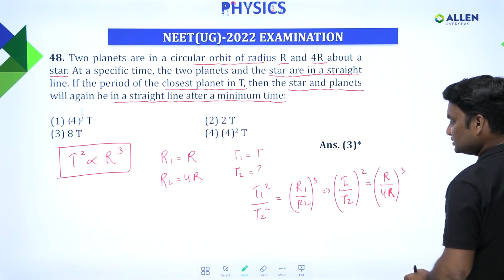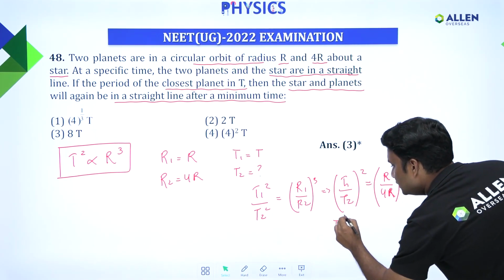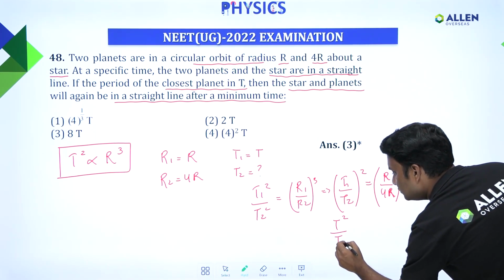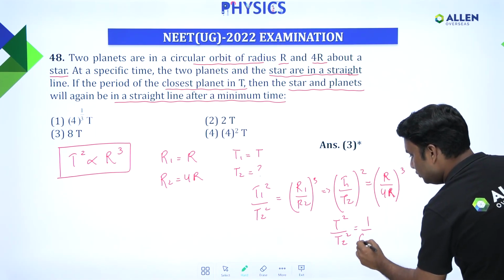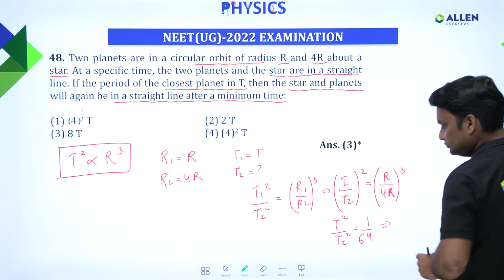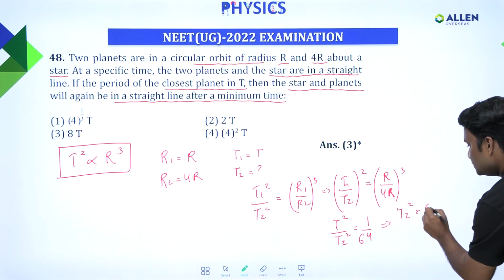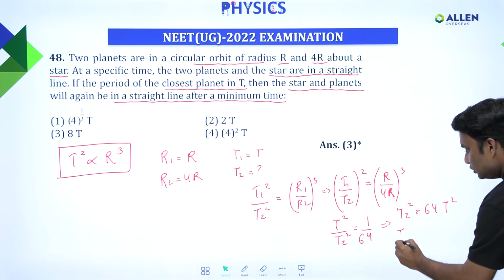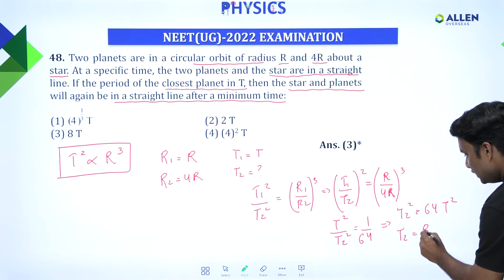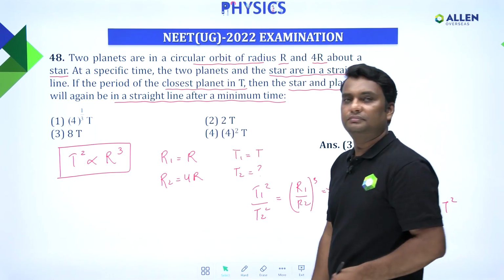So we can get rid of this, and here initially t1 is t, so I can say t square by t2 square is going to become 1 by 64. So here I can say t2 square is going to be 64 into t square. So we can take under root, so t2 is going to become 8t. That is option number 3.